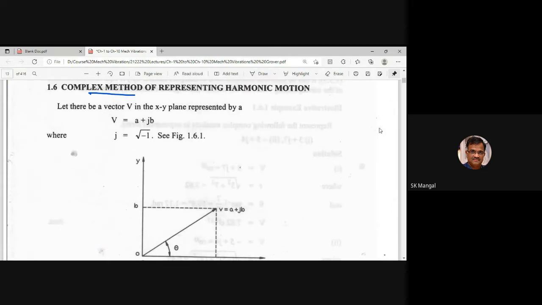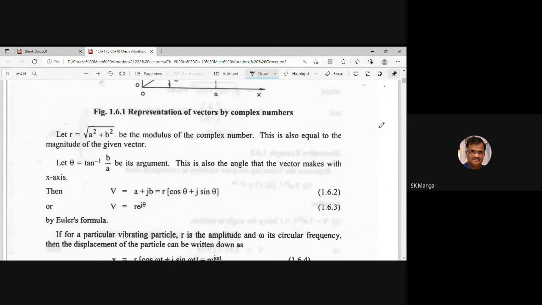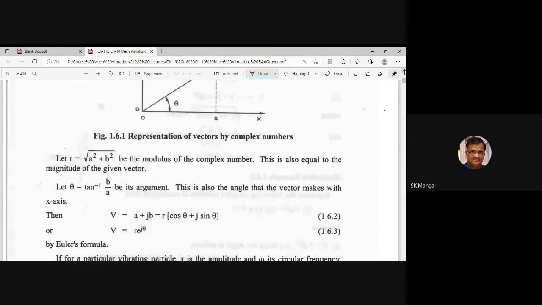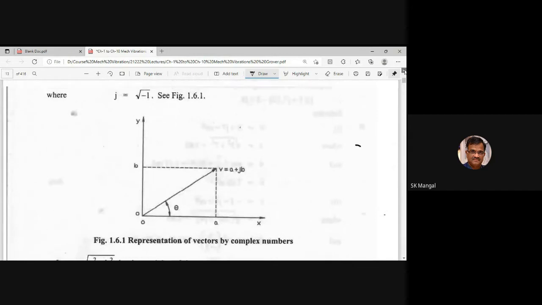So you can represent a vector v in the xy plane, where the real part of the complex number is expressed on the x-axis and the imaginary part is represented on the y-axis.